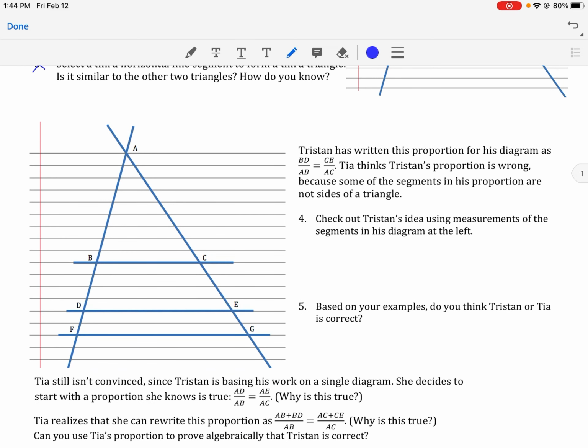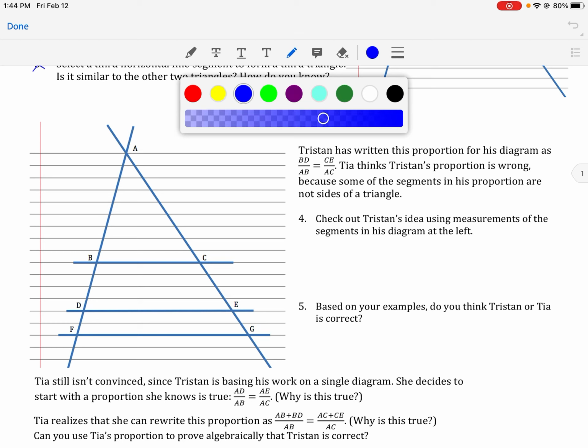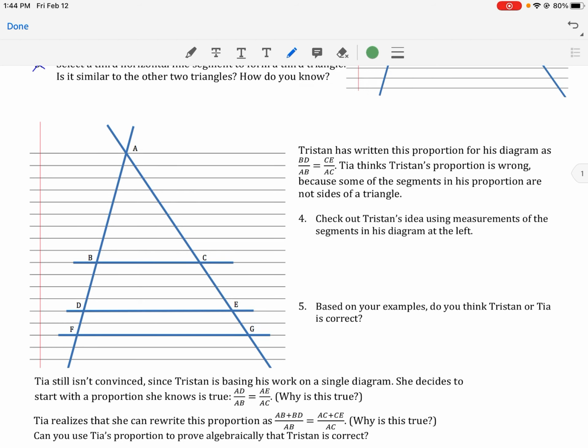But this next one was interesting. Tristan says that BD over AB is equal to CE over AC. But his friend Tia thinks this is wrong because they're not the whole sides of the triangle. So we went through and measured these. We used centimeters in class.